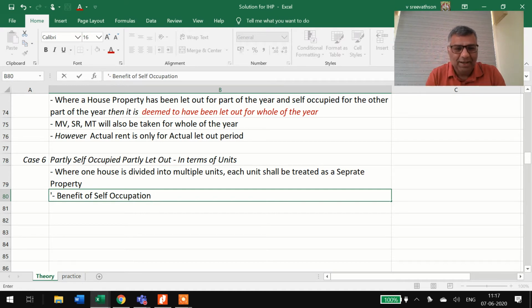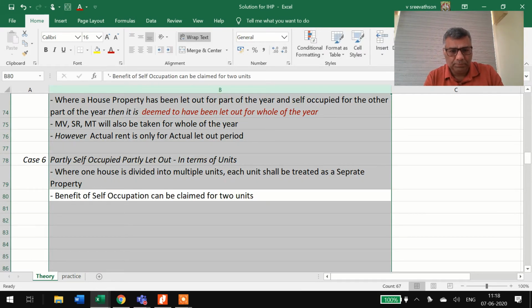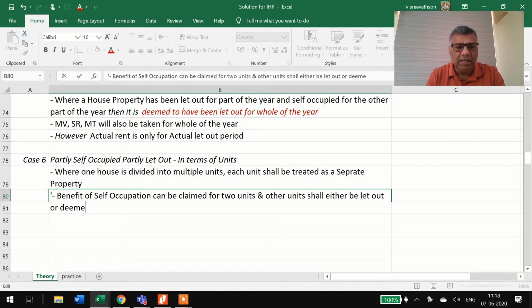Benefit of self-occupation can be claimed for 2 units, and other units shall either be let out or deemed to have been let out.